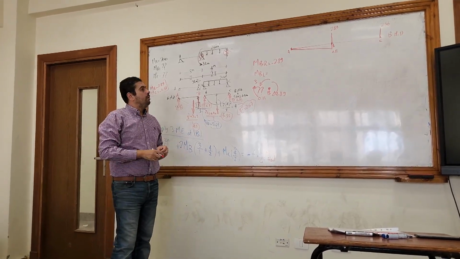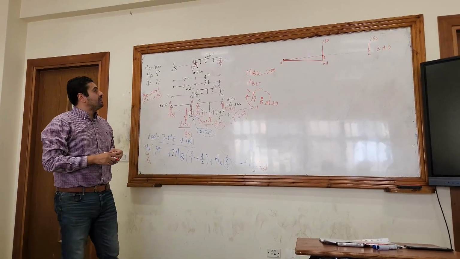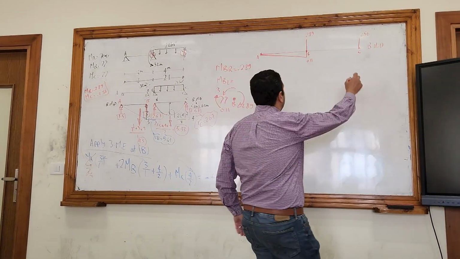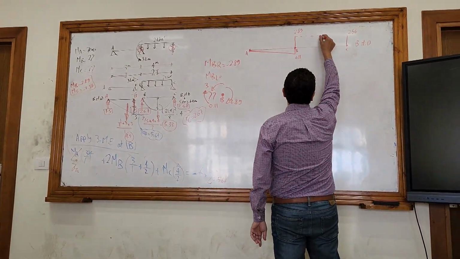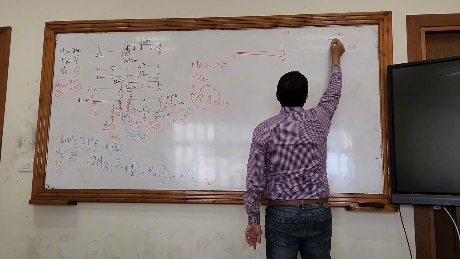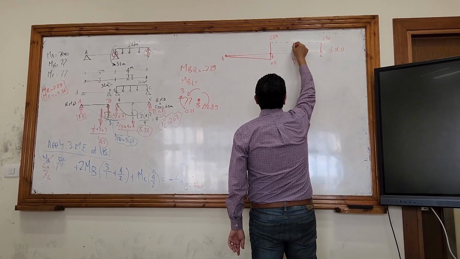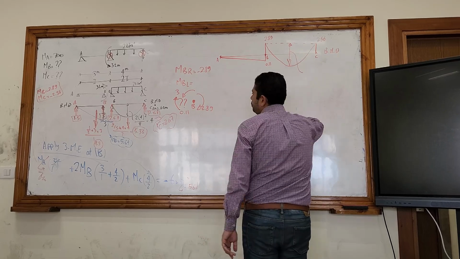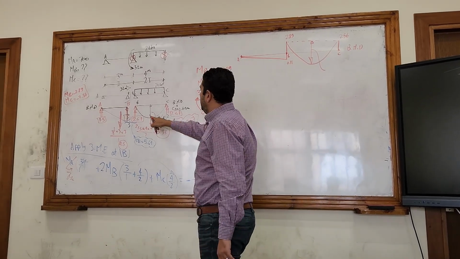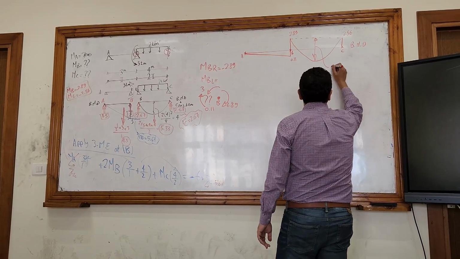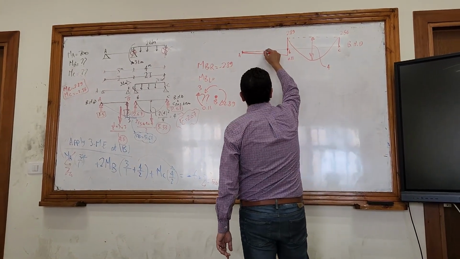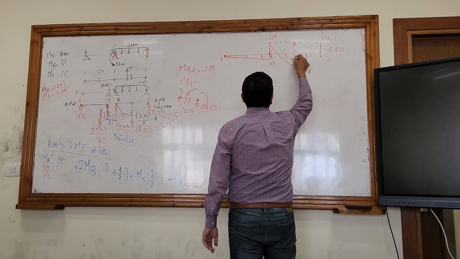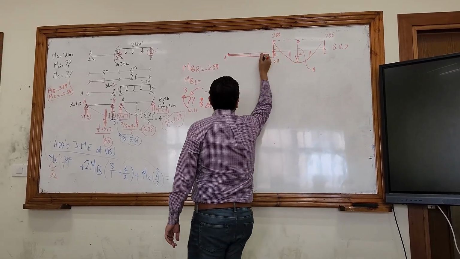But for the span BC, there is a uniform distributed load, so I will join it dotted, and then I will make my correction. There is a PL squared over 8. Don't waste the time to calculate it again. It has to be 4. So this will be the bending moment diagram.